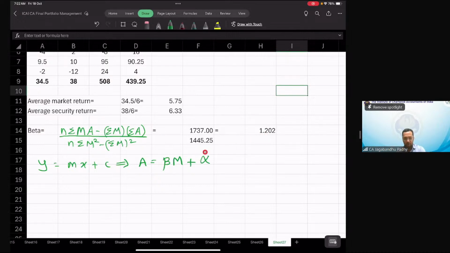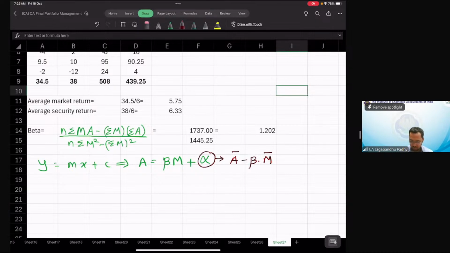Now we need the value of alpha. Now how do we obtain the value of alpha? So this alpha can be computed as A bar minus beta into M bar, or average return of A minus beta into average return of market.